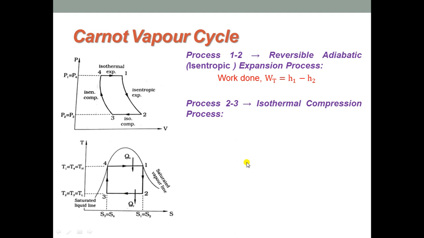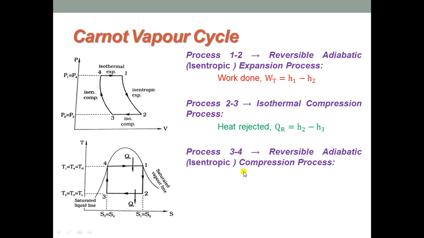Heat rejected isothermally at T2 is given by QR, which represents heat rejected, and it is given by H2 minus H3. Here H2 is the enthalpy at condition 2 and H3 is the enthalpy at condition 3.